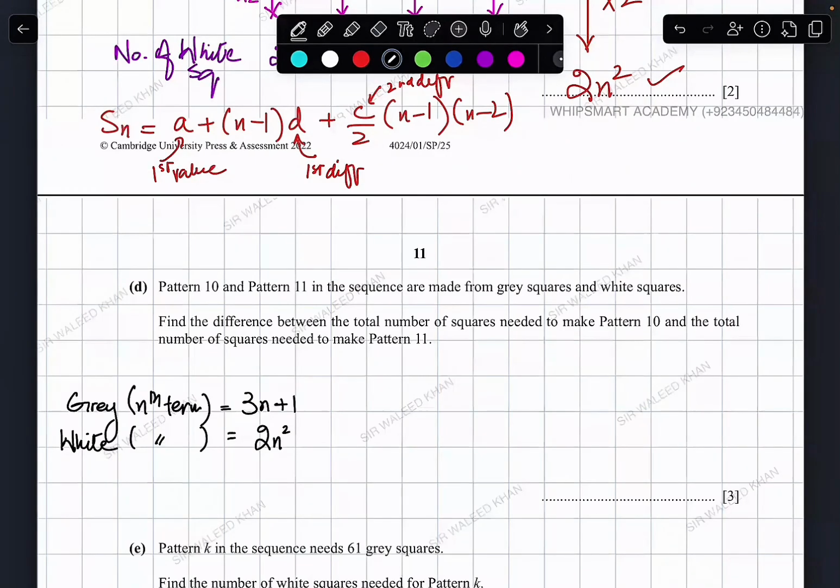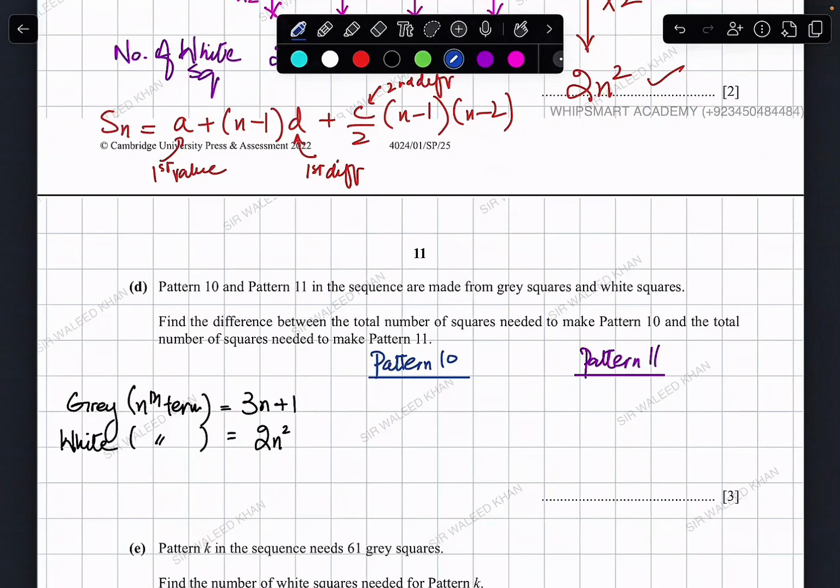All I have to do is find the 10th pattern, pattern 10, and pattern 11. So I have to replace n with 10 and 11.